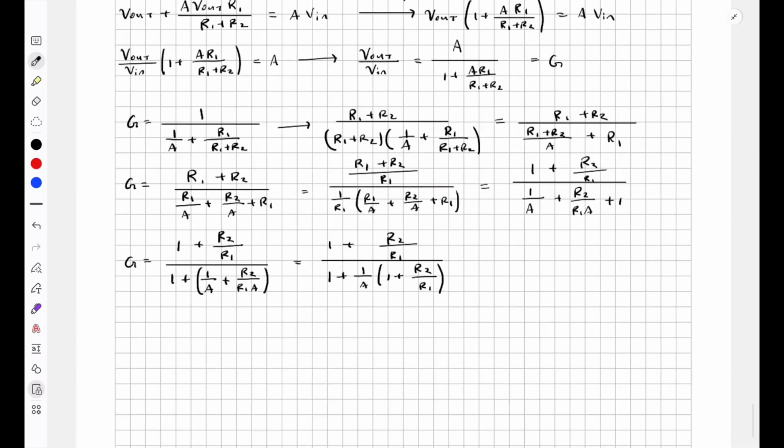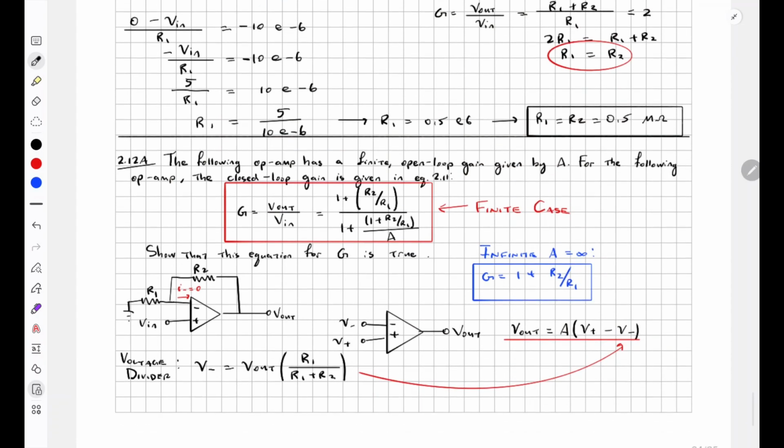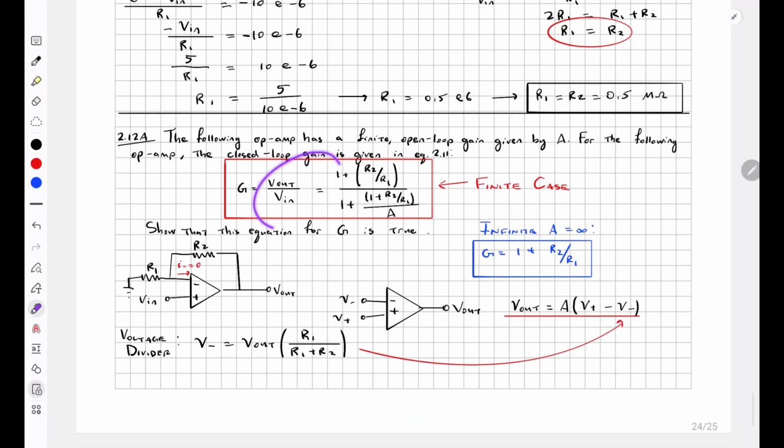Let's just rewrite this a little bit: 1 plus R2 over R1, the whole thing divided by 1 plus, 1 plus R2 divided by R1, divided by A. And this is matching with here now.